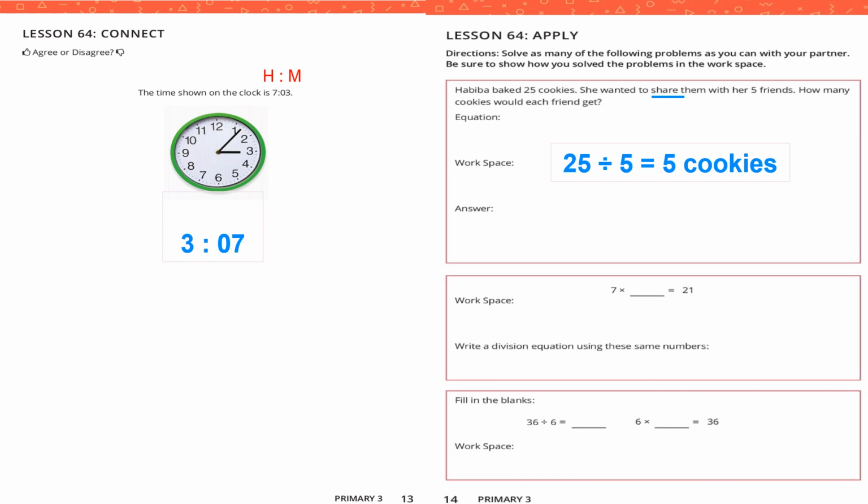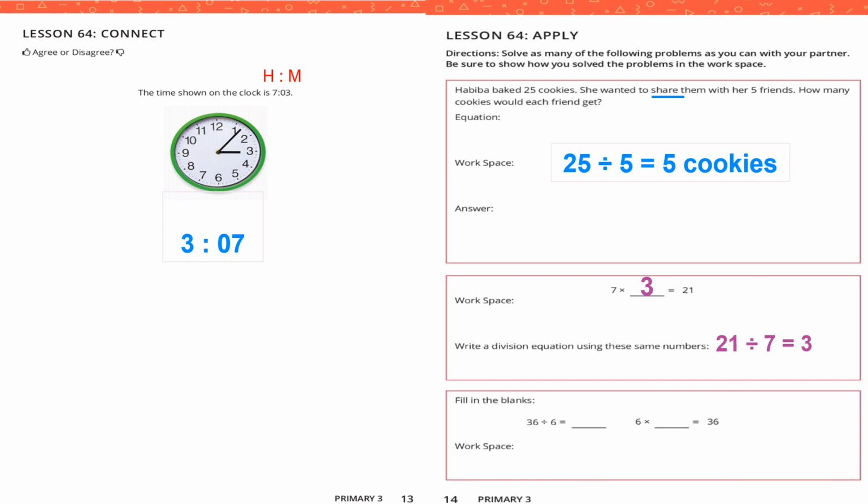The next question, 7 times what equals 21? 7 times what, from table 7? Or I can use a division equation. I can say 21 divided by 7 equals what? 3, sure, 3.